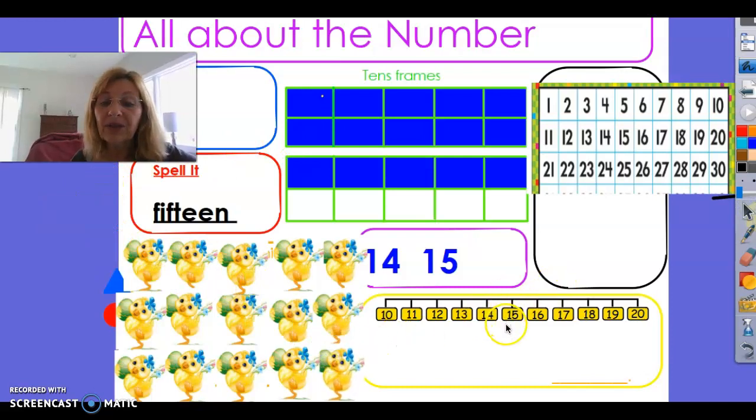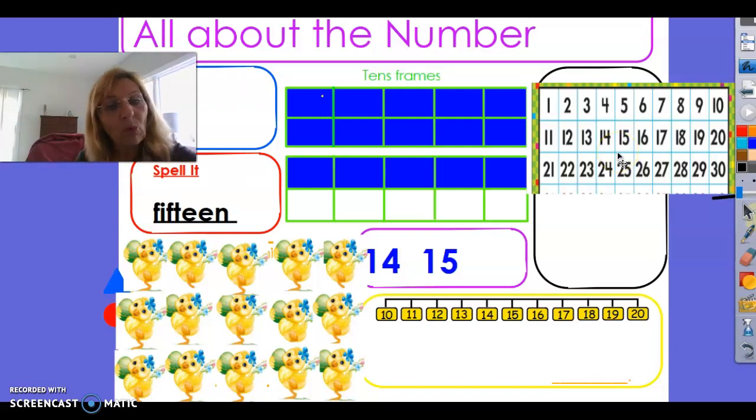Or I could have looked at this and said, here's 15. I know I go backwards, so 1 less is 14. Same thing up here. What do I say when I'm counting? What do I say before I say 15? I say 10, 11, 12, 13, 14, 15. Oh, 1 less than 15 is 14.